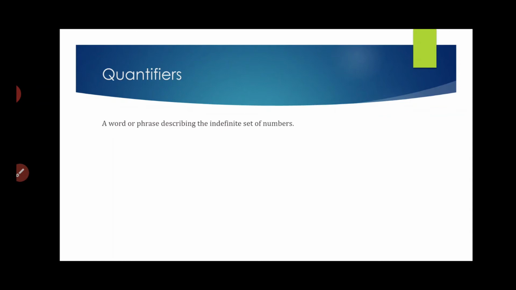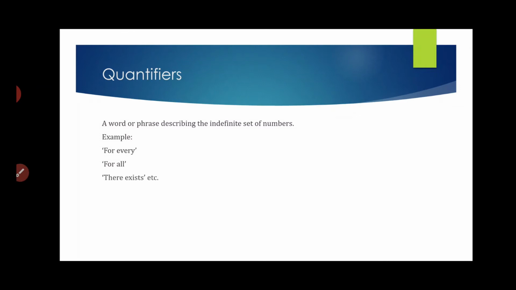For example, the words like for every, for all, there exists. These are all giving us a sense of number, but not the sense of an exact number; they give us a sense of an indefinite set of numbers. Whenever I am saying for every, it means every single item we are talking about.